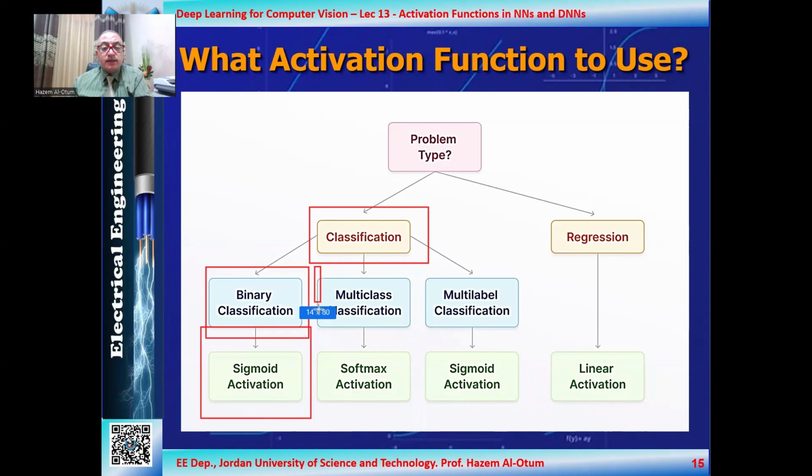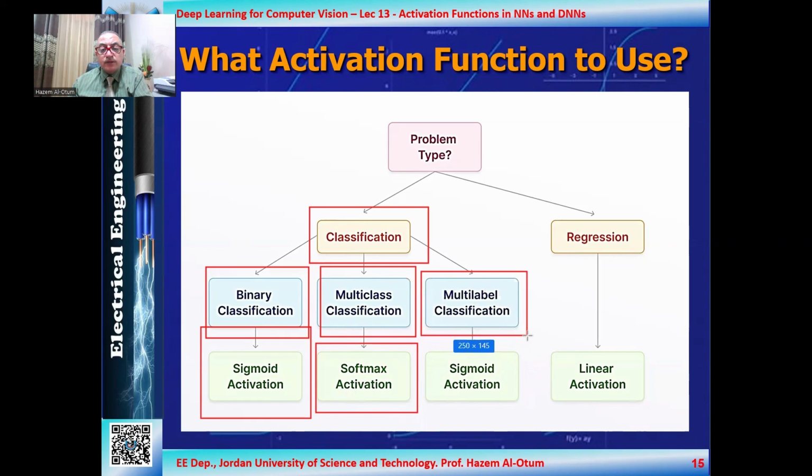If you have a multiclass classification problem, at the output you may get a lot of classes, maybe 3, 4, 5, up to maybe hundreds. In this case, for the last layer, you can pick the softmax activation function, which works very nicely. Now, if you have a multi-label classification, what does this mean? You may have one input image or sample, and you want to give not only one label.